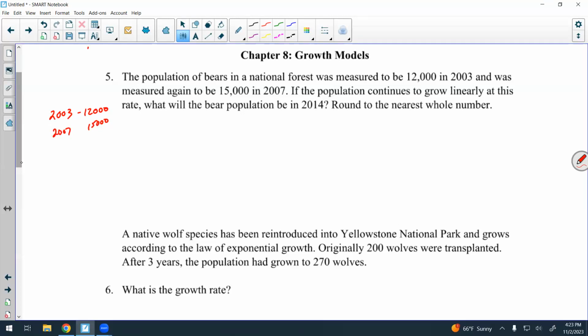If this population continues to grow linearly at this rate, what will be the bear population in 2014? Anybody else getting a feeling of deja vu? But wait, that was elk, wasn't it?